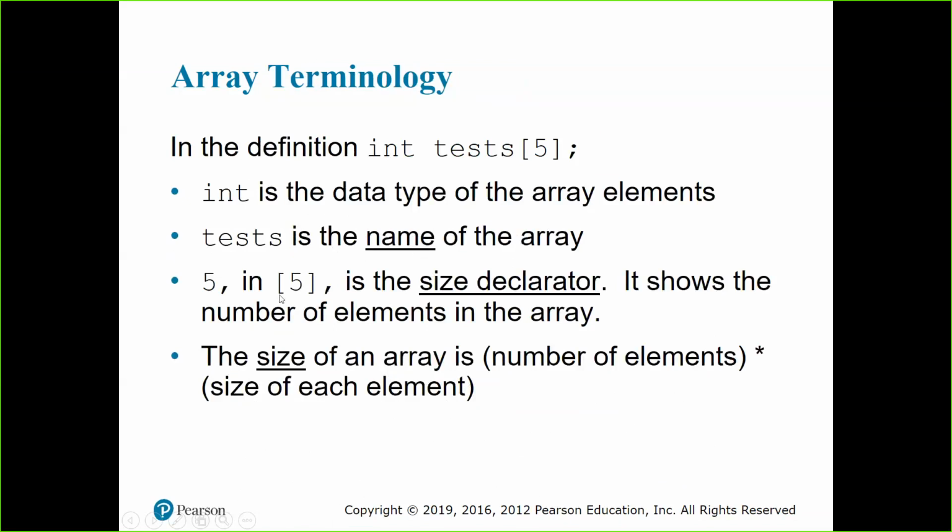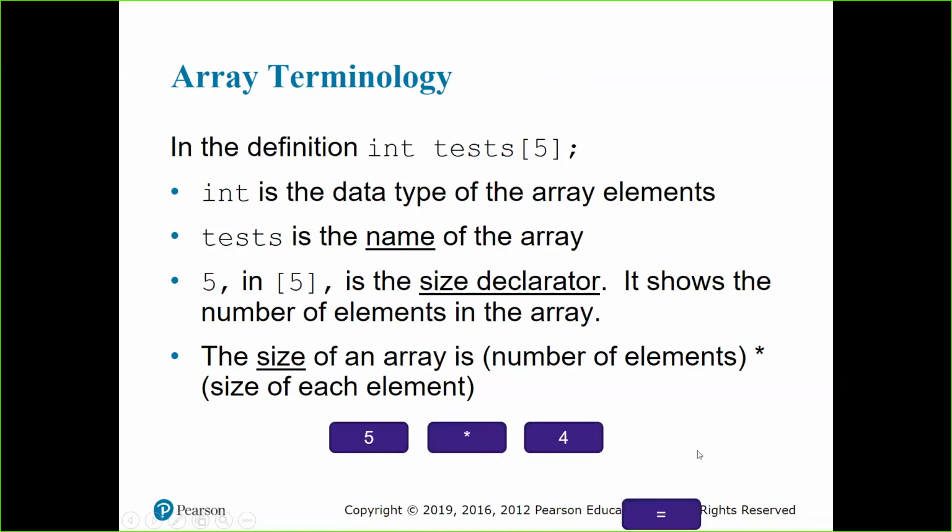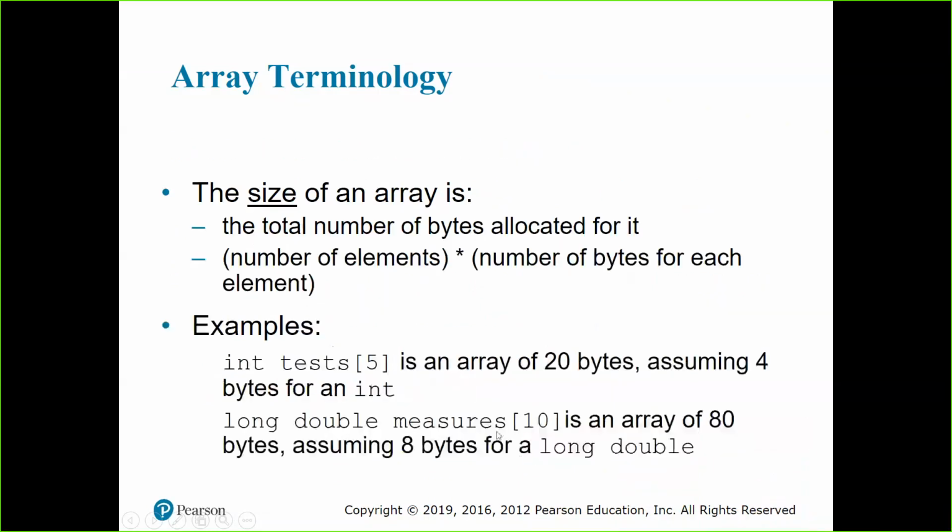As I told you, int is the data type of the array, test is the name of the array, and the number 5 in the square brackets represents the size of the array. The memory size of the array is equal to the number of elements, in this case 5, times the number of bytes for each element. If int has 4 bytes, then 5 times 4 equals 20 bytes.